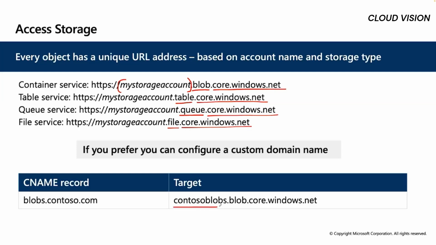Typically you created a blob called Contoso blobs, where you're storing all your images, videos, and files, and you want this to be accessed on the website. It's fetching the data, but you don't want to show this particular name, so you can use a custom domain, like a subdomain I've created, and that subdomain will have a CNAME record, which I can change to target this URL, and it will work.